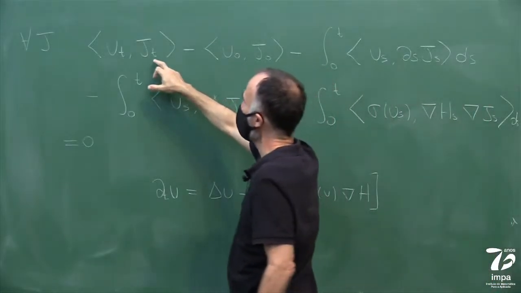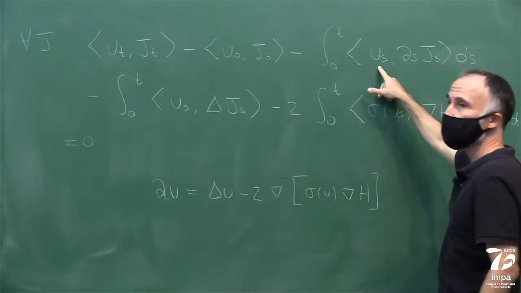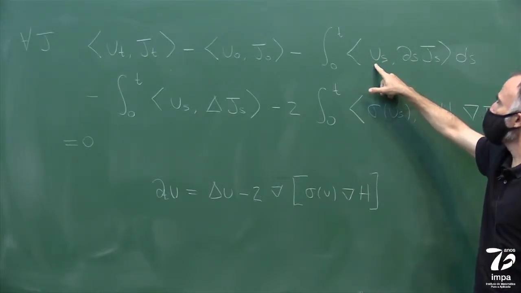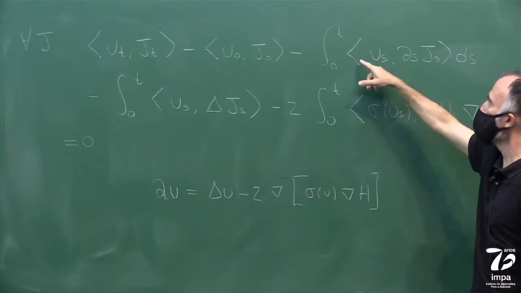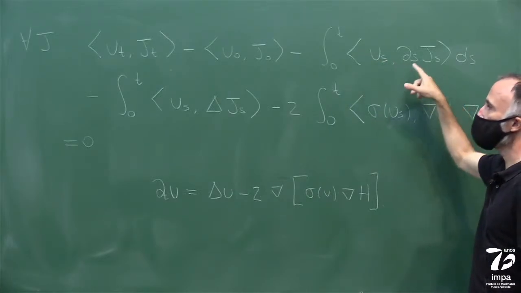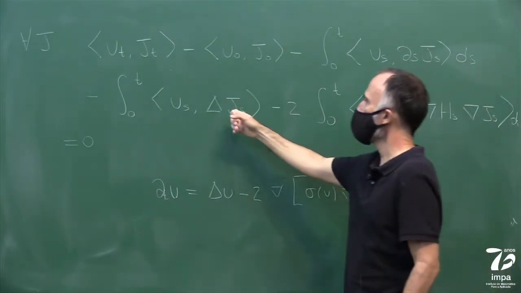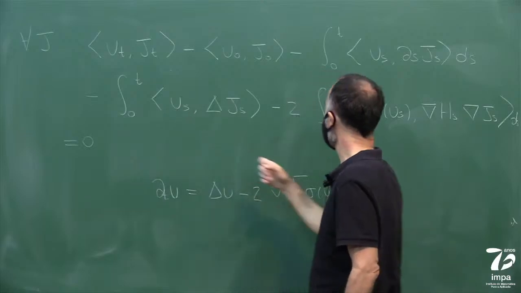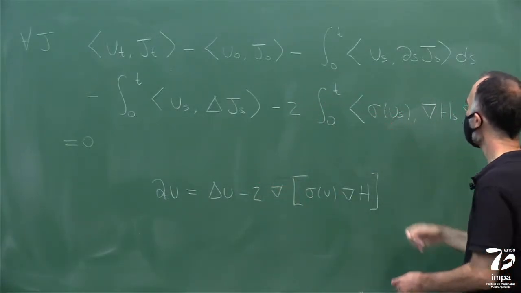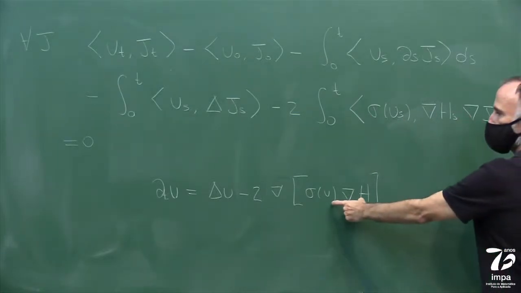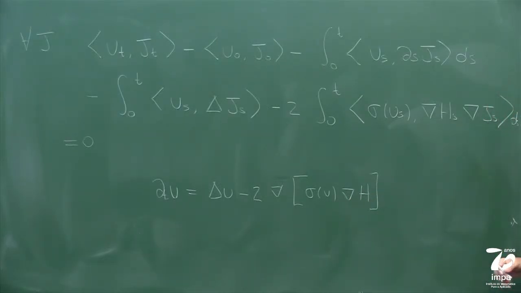The boundary conditions will get out when you integrate by parts. And so this tells you that the time derivative of u integrated in space and in time with respect to j is equal to that. This is true for all j. Here you can integrate by parts to get the Laplacian, and here you integrate by parts to get the gradient of σ times gradient of h, and this has to be equal to 0 because that's true for all j.